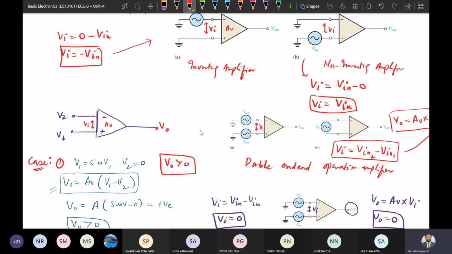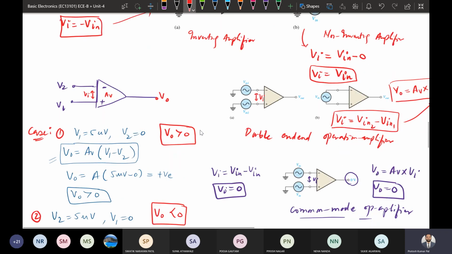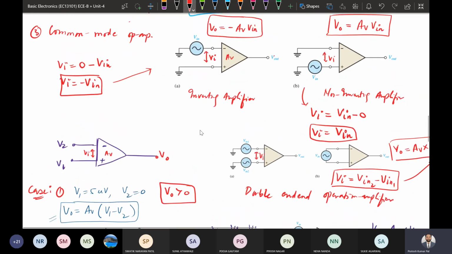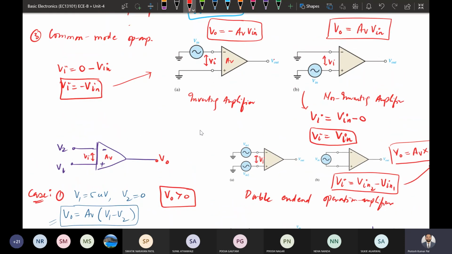So in the previous class, we have seen the basics of the operational amplifier and the different modes. Single-ended is when a single input is applied to the input terminals, and it is either inverting or non-inverting. If the input is applied to the inverting terminal, it is called an inverting amplifier.